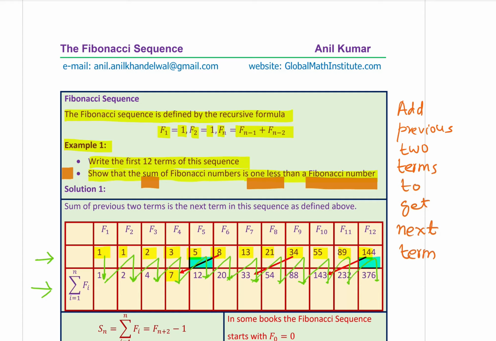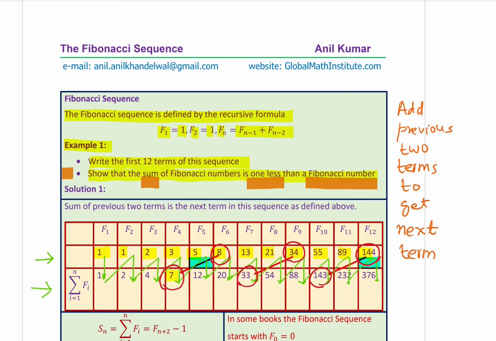Now, this number 7 is related to another number, 8. It is just one less. Do you see that? All these terms are one less, right? So similarly, we see 33, and 33 is one less than 34, and I'm pointing out 144 and 143. 143 is one less than 144.